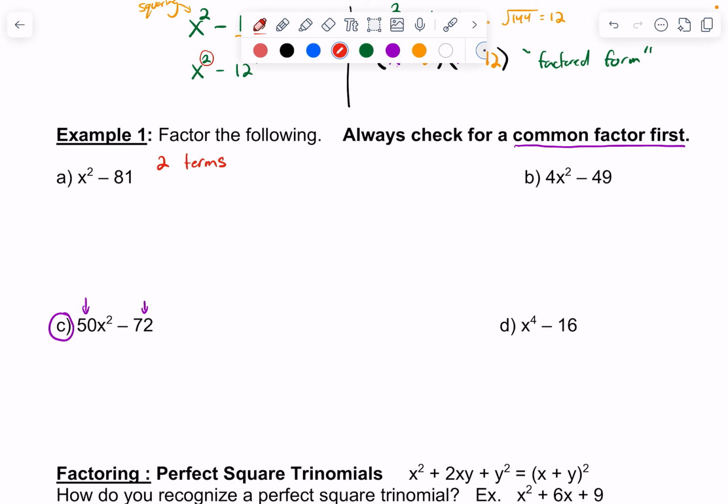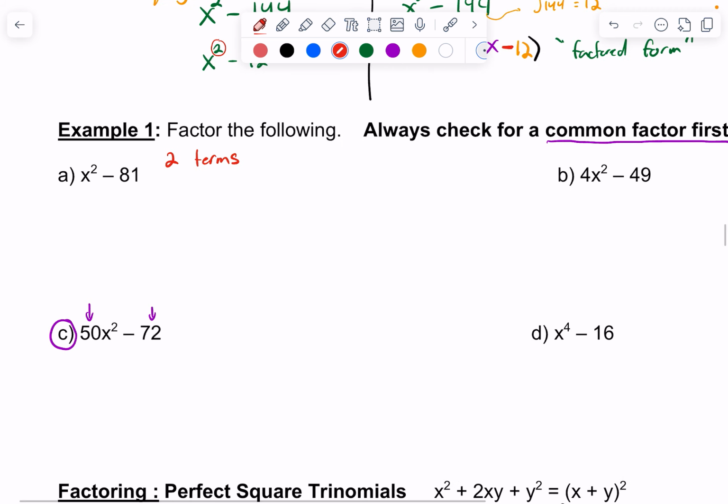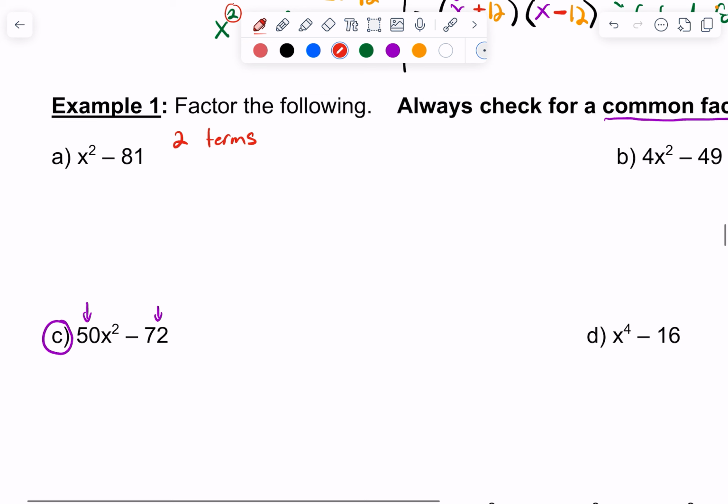So if you see 2 terms and a negative between 2 terms, this light bulb should be going off, like, oh, this is probably a difference of squares. But let's check. Well, is x squared a square? Well, yes. The square root of x squared would give you x. So that is a square.